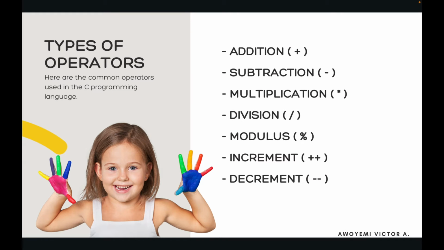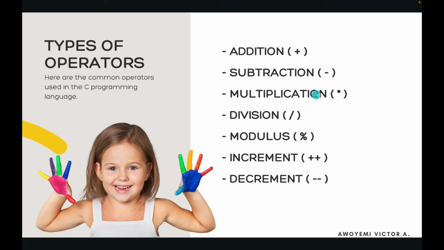Now let's quickly talk about some types of operators in the C programming language. We have 7 different types of operators. The first one is the addition operator, which is plus, just exactly as in mathematics. We have the subtraction operator, which is minus.